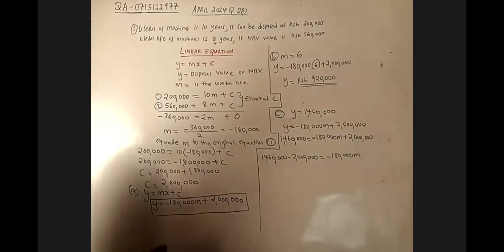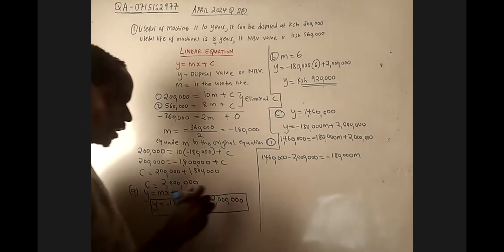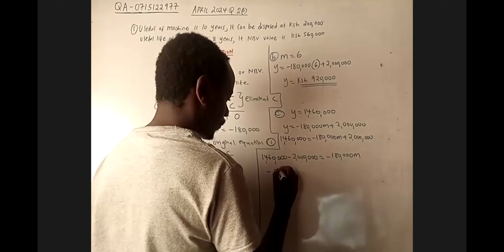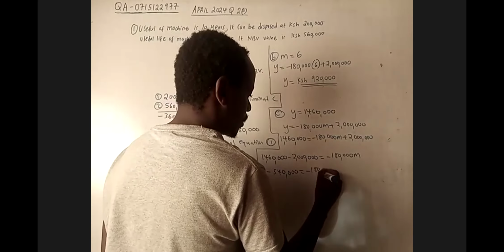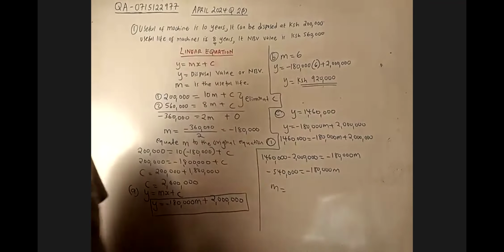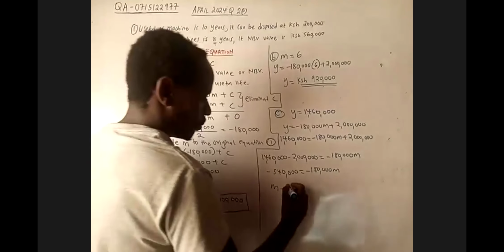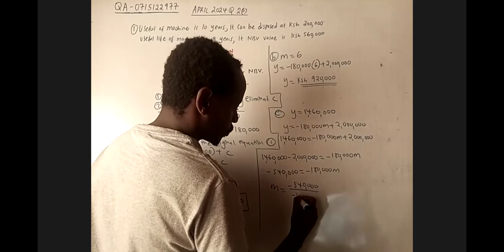So 1,460,000 minus 2 million is minus 540,000, equal to minus 180,000 m. Find m. So m will be equal to minus 540,000 over minus 180,000.